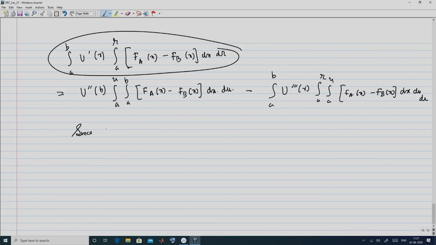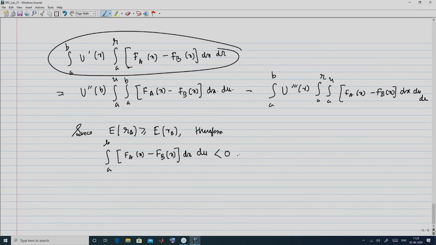Now, by assumption, since the expected return of asset A is greater than or equal to the expected return of asset B, therefore, what we have is that the integral from A to B of f A of x minus f B of x dx du is less than 0.